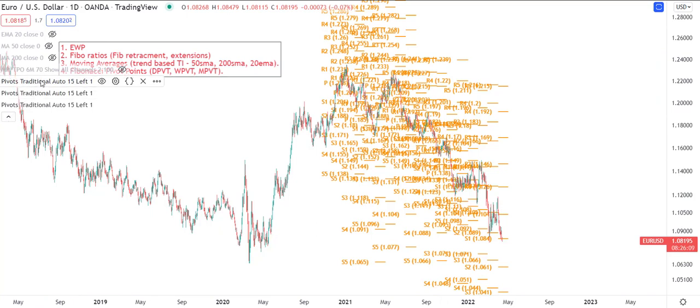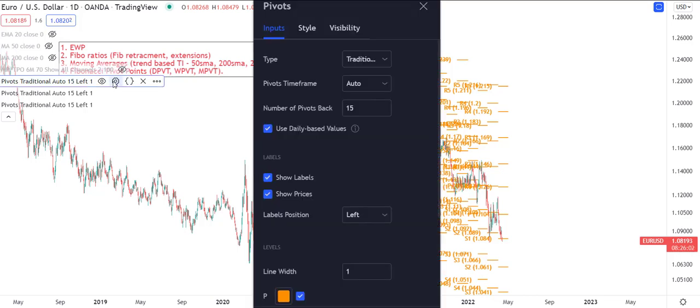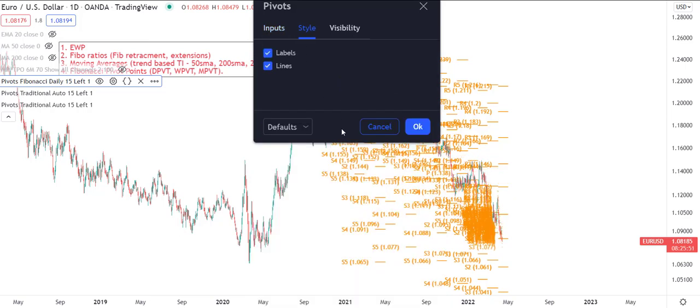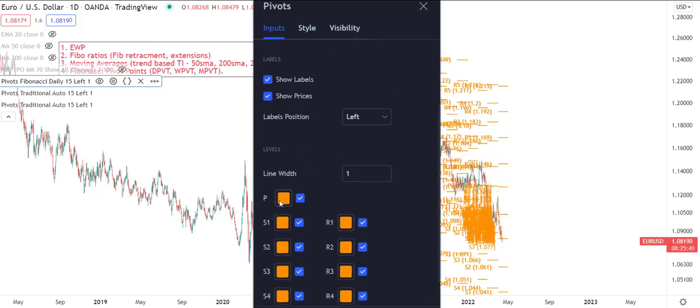Let's start with the first one. Click on the ribbon here to extend the settings bar option, and then we will change a few details. The first pivot will be a daily pivot, always based on the Fibonacci method. The color that we use for the daily is orange.